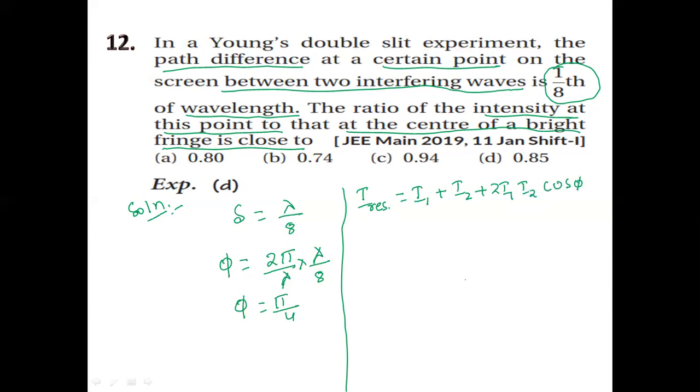Now, the ratio of intensity at this point to that at the center: both slits have the same intensity, so that is I naught plus I naught plus 2 I naught cos pi by 4.